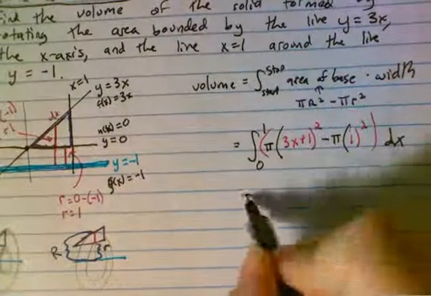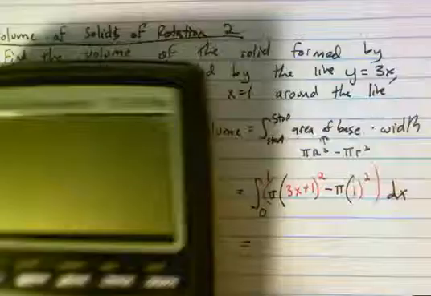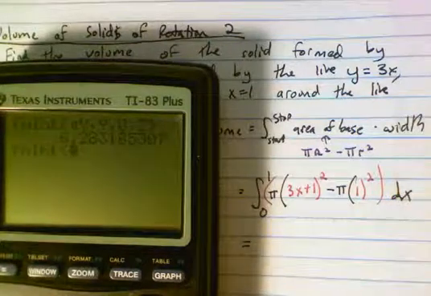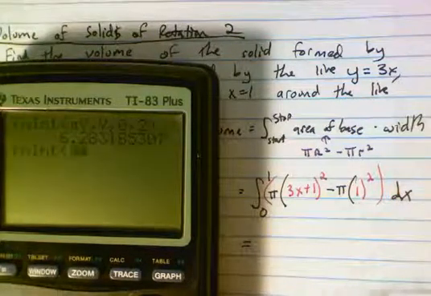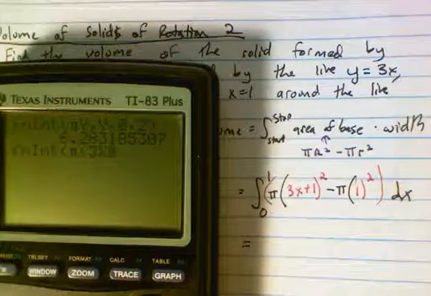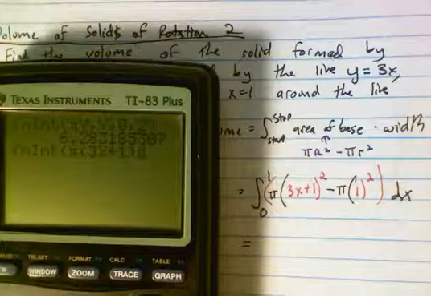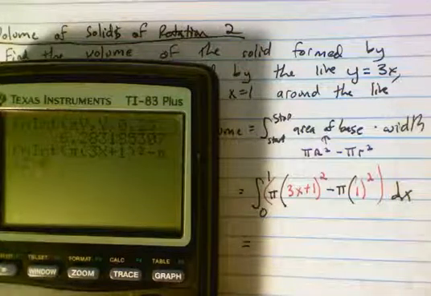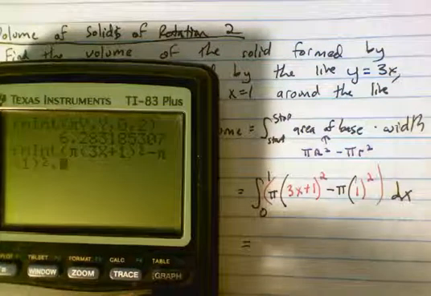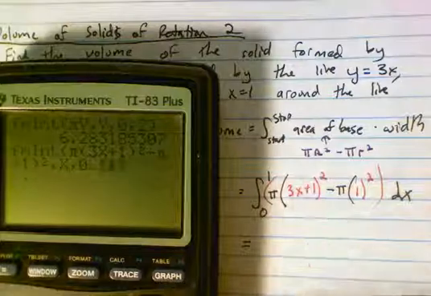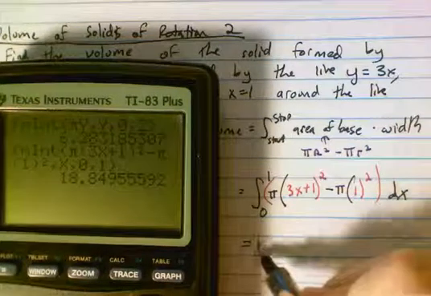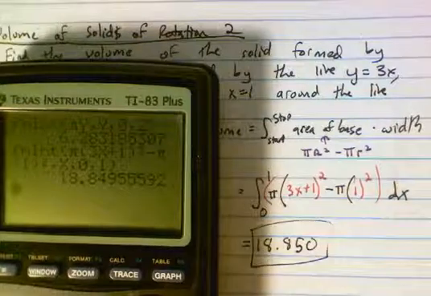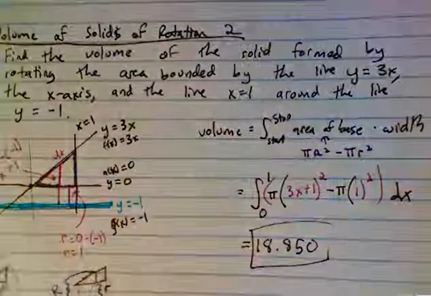Just as we did before, I can plug this into the calculator: pi times 3x plus 1 squared minus pi times 1 squared, which is just plain old 1, comma x, comma 0, comma 1. And there we go.